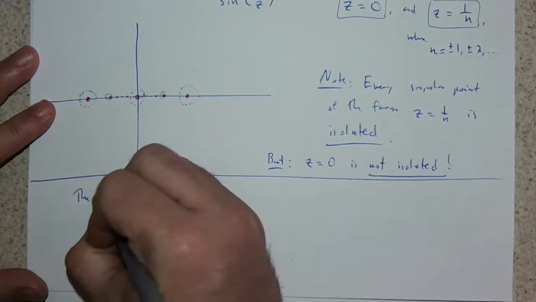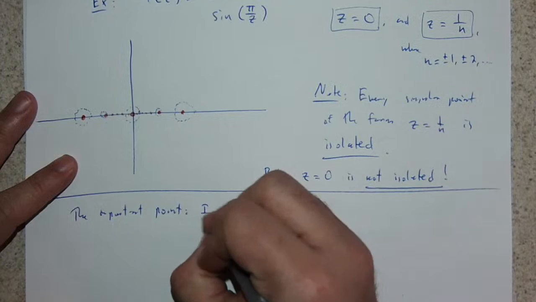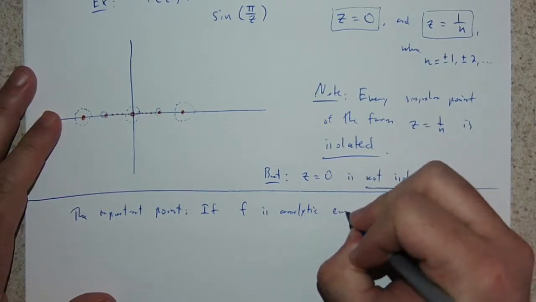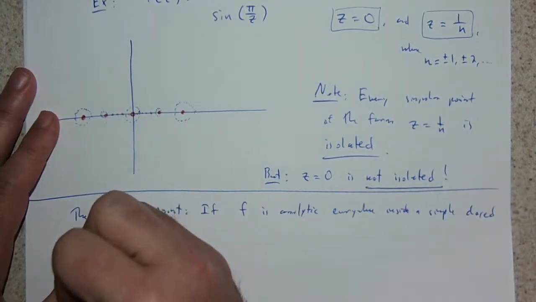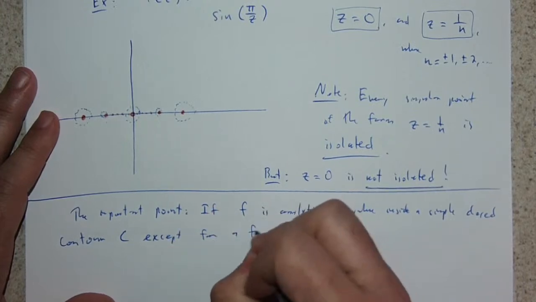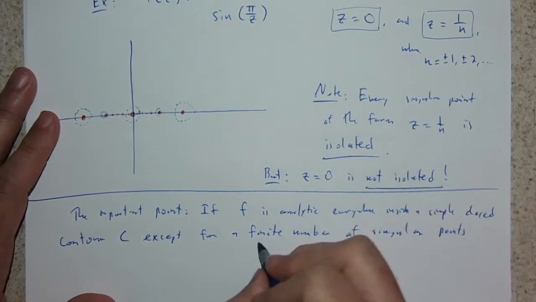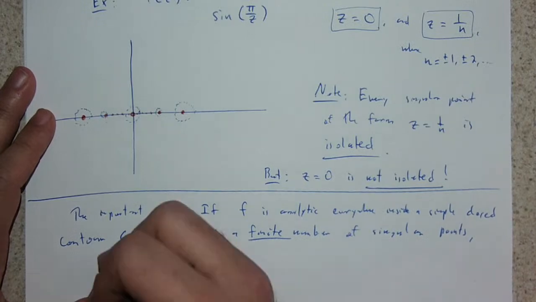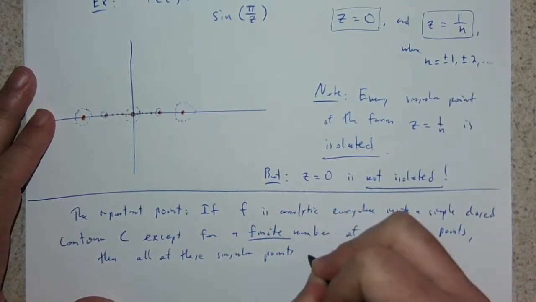So the important point: if f is analytic everywhere inside a simple closed contour C, except for a finite number of singular points, this is key, then all of these singular points must be isolated.